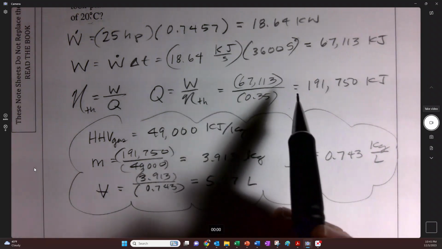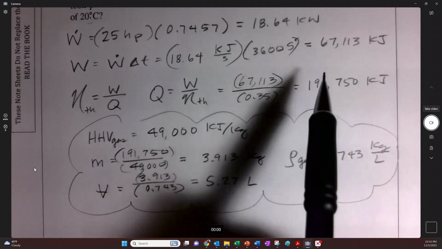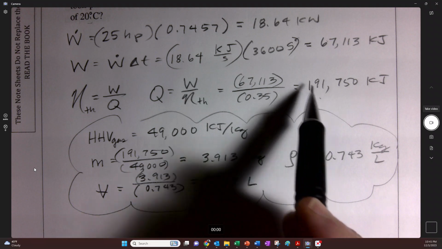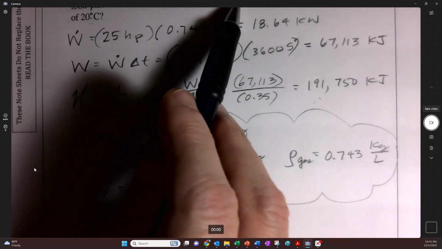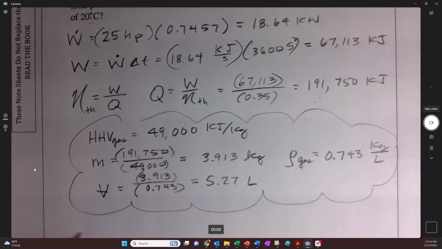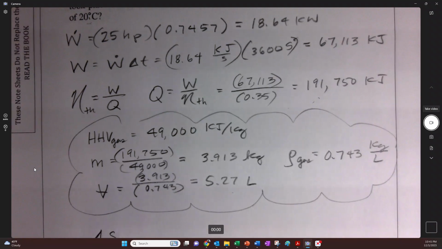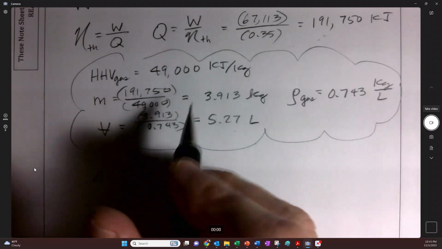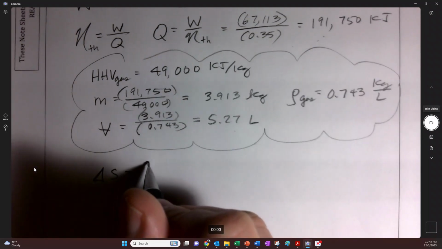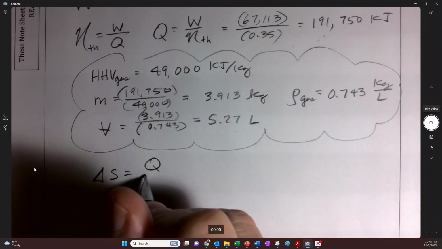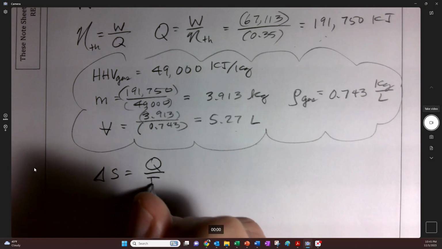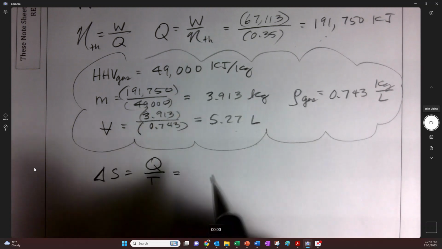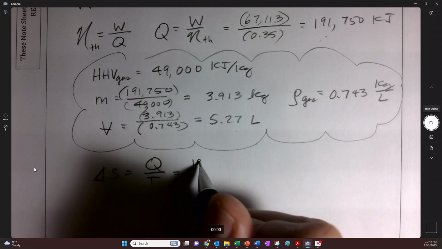But going back up to the top, all they were really asking about was how much entropy took place. Well, that's going to be delta S, and I don't know if this is a great question, but I liked the thing about the car. We go Q over T, and it's going to be the outside temperature, the environment.